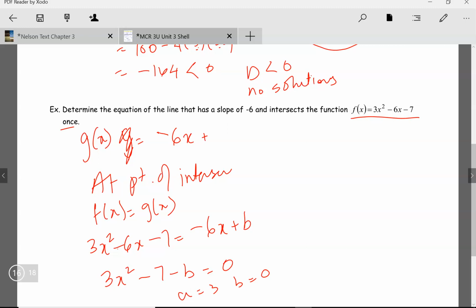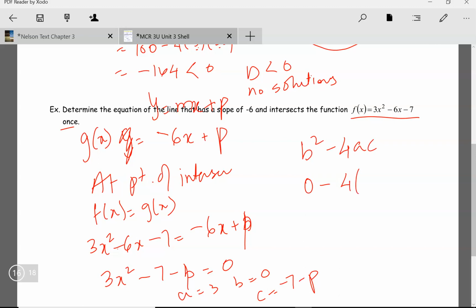So instead of b, we're going to write p, just for fun, so as to not get confused. Our b coefficient of the x term equals 0 because there's no x term, and c equals -7 minus p. So now my b squared minus 4ac becomes 0 minus 4 times 3 times -7 minus p.